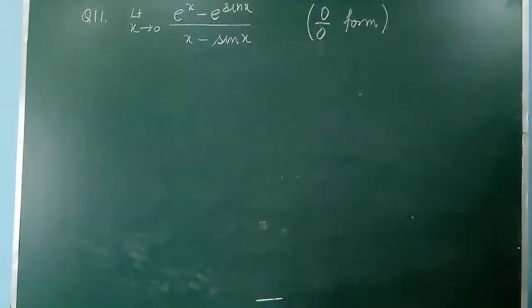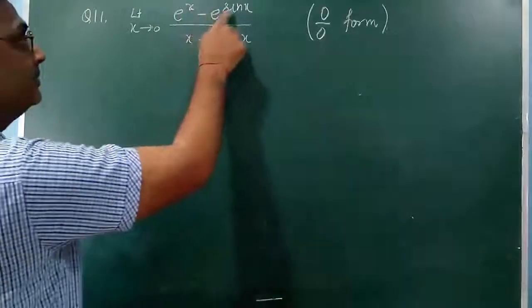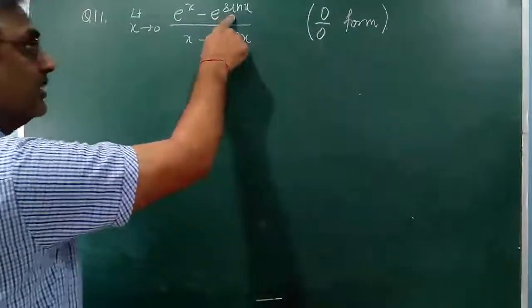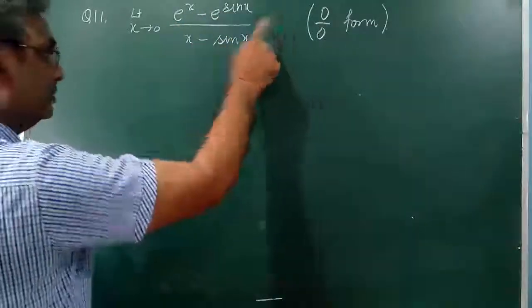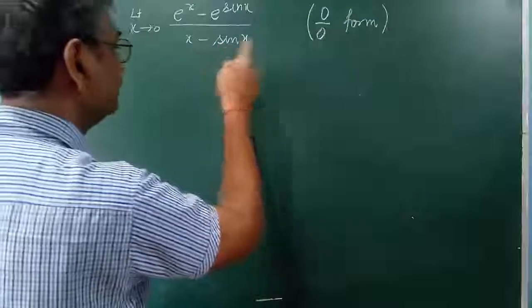Why? Because e to power 0 is 1, e to power sin 0 is 1, so 1 minus 1 is 0. And 0 minus sin 0 is 0, so 0 minus 0 is 0.